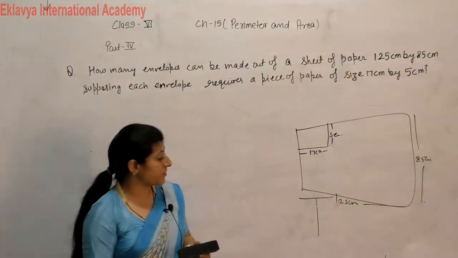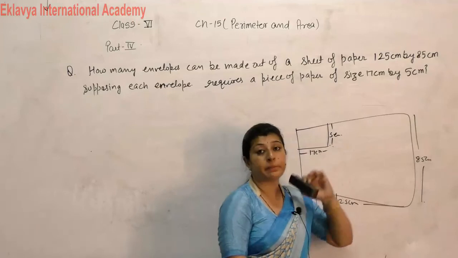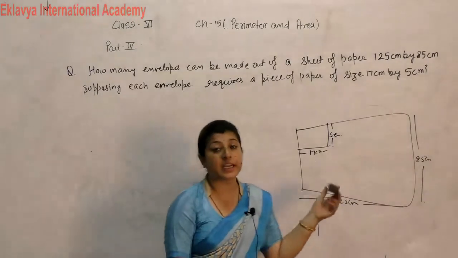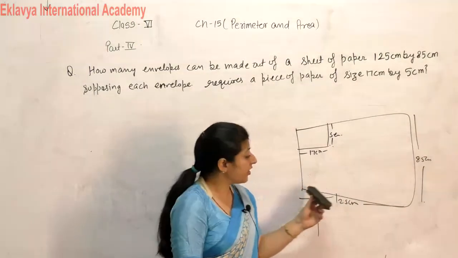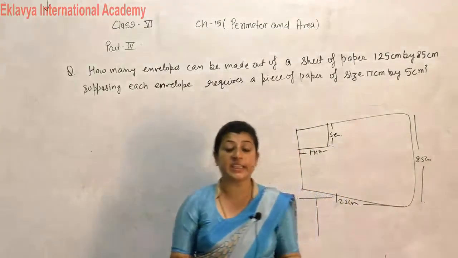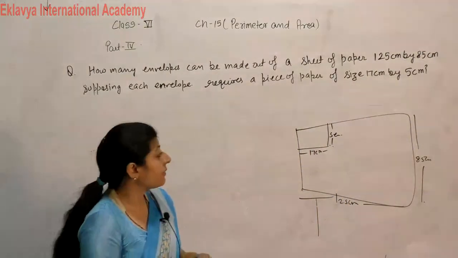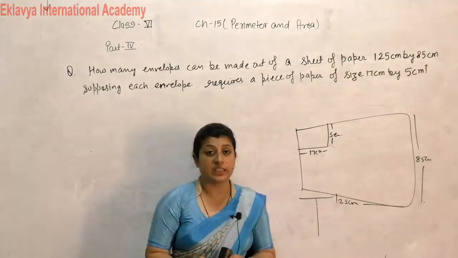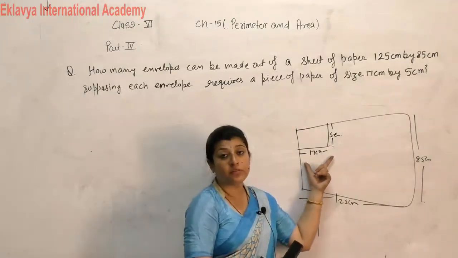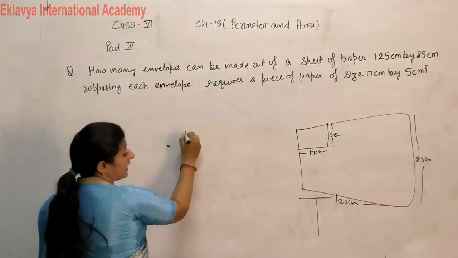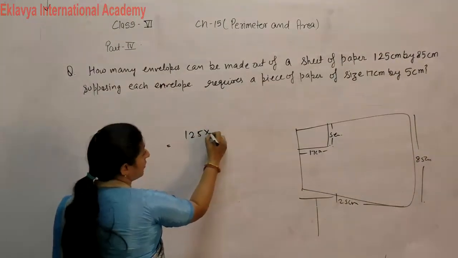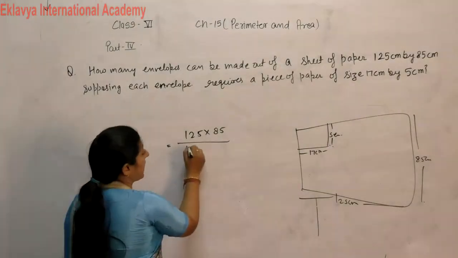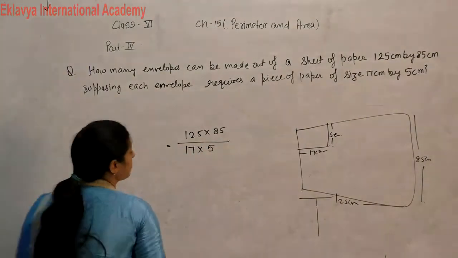नंबर ऑफ एनवलप्स इज इक्वल टू एरिया ऑफ द शीट ऑफ पेपर डिवाइड बाय एरिया ऑफ ए पीस ऑफ पेपर. पूरी शीट कितना एरिया कवर कर रही है, डिवाइड बाय एनवलप के लिए हमने जो पीस लिया है वो कितना एरिया कवर करता है. So we can find out area of the sheet of paper, 125 multiplied by 85, and area of each piece of paper.